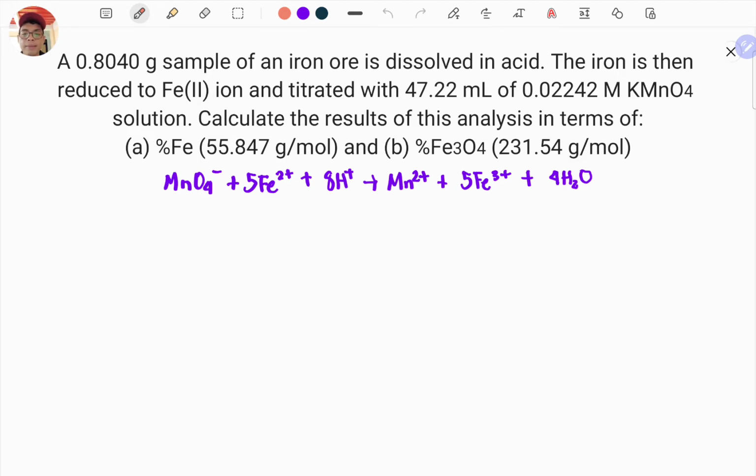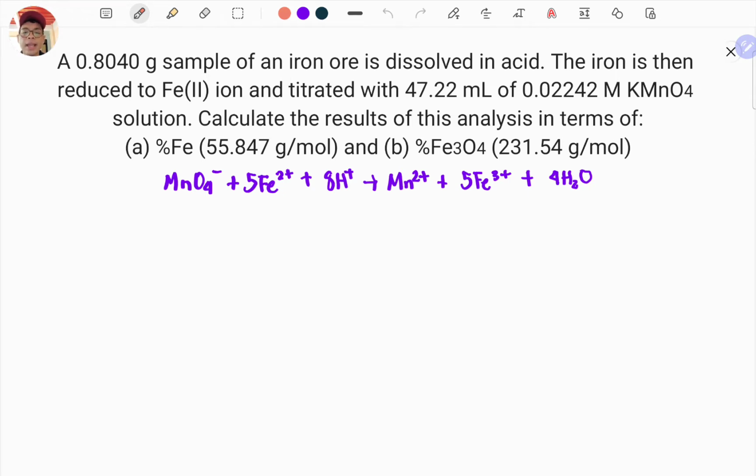The balanced chemical reaction is provided here. So for every 1 mole of permanganate, it will react with 5 moles of iron 2+. But if you notice, this reaction is not between an acid and a base like in a typical neutralization titration.